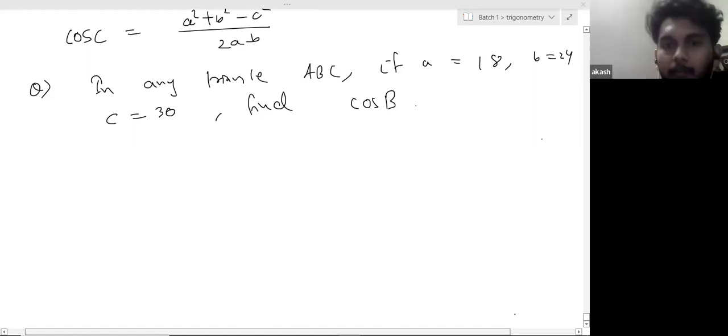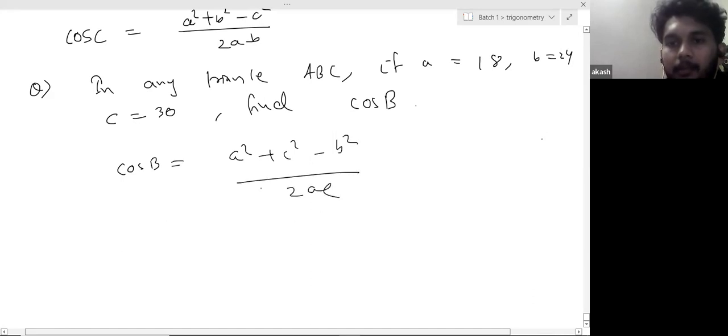This is a very easy formula, right? You have to find cos B, and this is equal to a square plus c square minus b square upon 2ac. Just put the values and you get the answer.